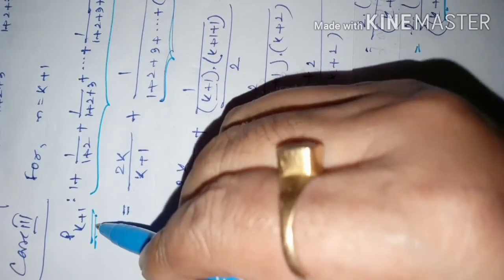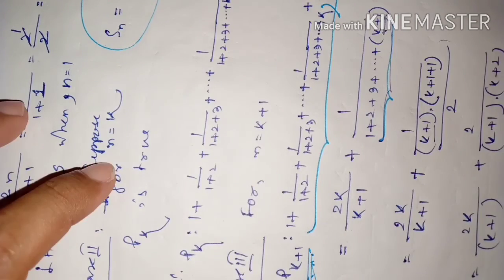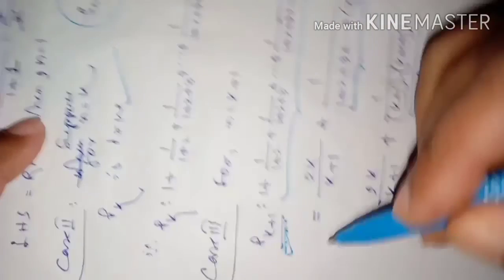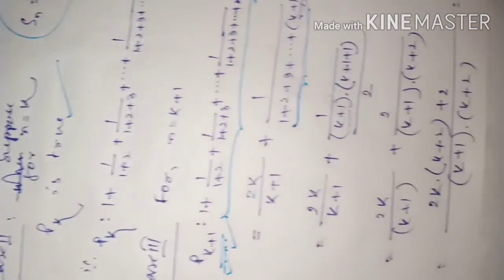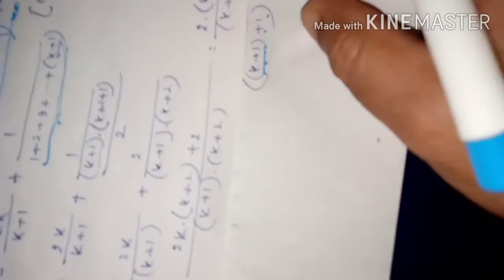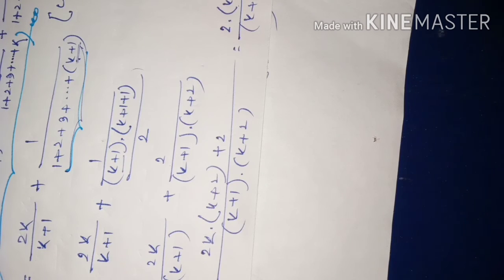Our new statement P of k plus 1 also is a true statement whenever P of k is true. Whenever P of k is true, P of k plus 1 also is true. So what can we say now? By the principle of mathematical induction, the given statement is a true statement, hence proved.